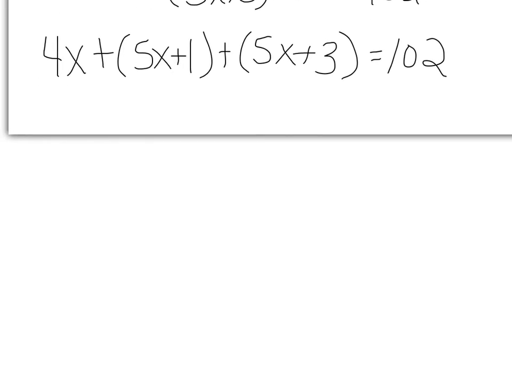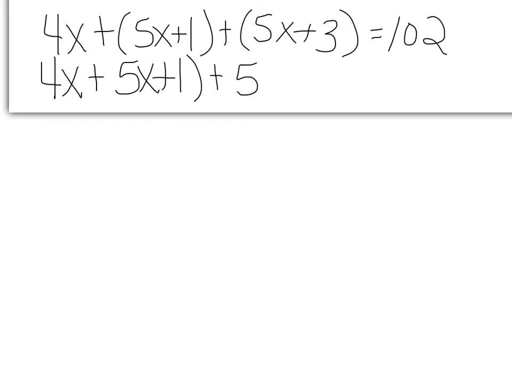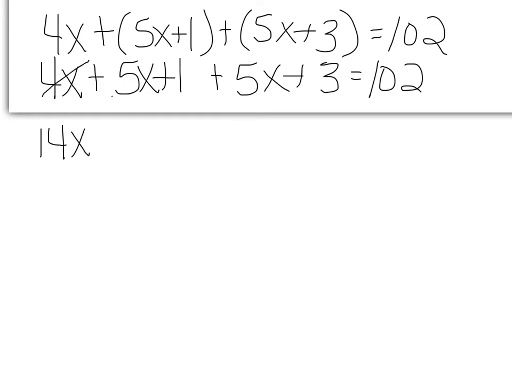We're distributing that positive 1. Combine your like terms. So we've got 4x plus 5x plus 5x is 14x, plus 1 plus 3 is 4.